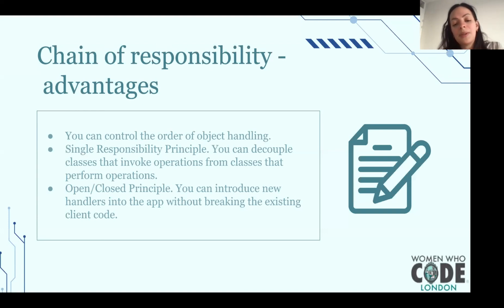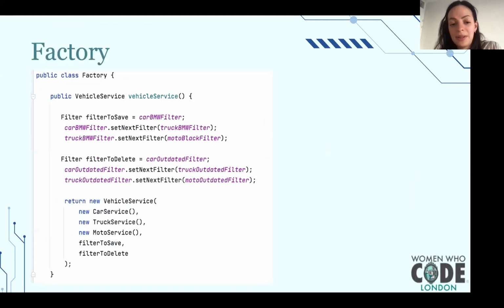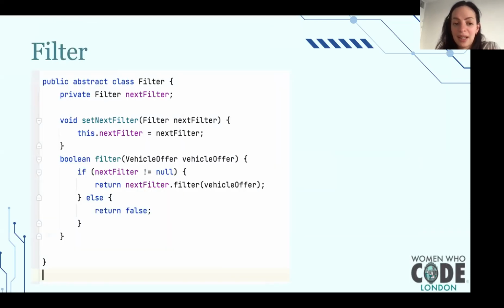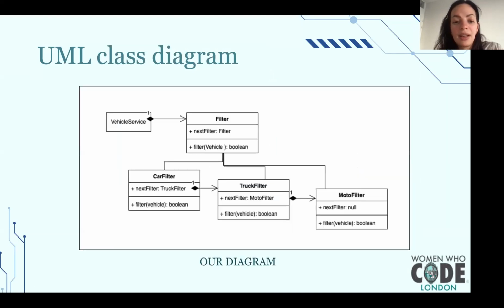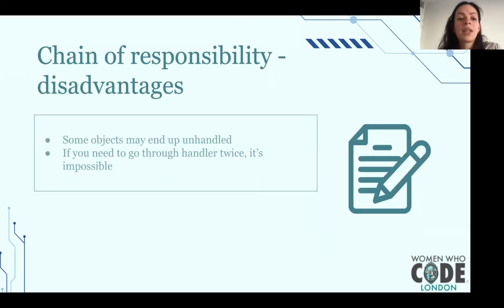Open closed principle: you can introduce new handlers and you don't need to change anything in your app. You just put a new filter, a new handler, as the next handler of the previous handler, and these are the only changes in your system. And yeah, I believe it's very powerful, and it has disadvantages as well.